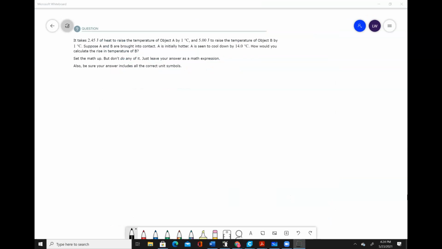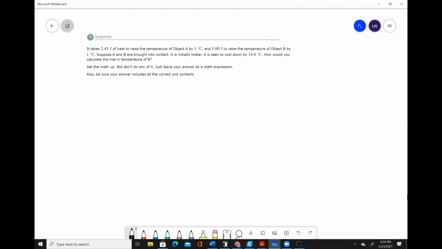So here is another problem of this type where we're going to be doing a two-step unit conversion. So we're looking for two conversion factors, right? So it says it takes 2.45 joules of heat to raise the temperature of object A by 1 degree Celsius. So that's a conversion factor.